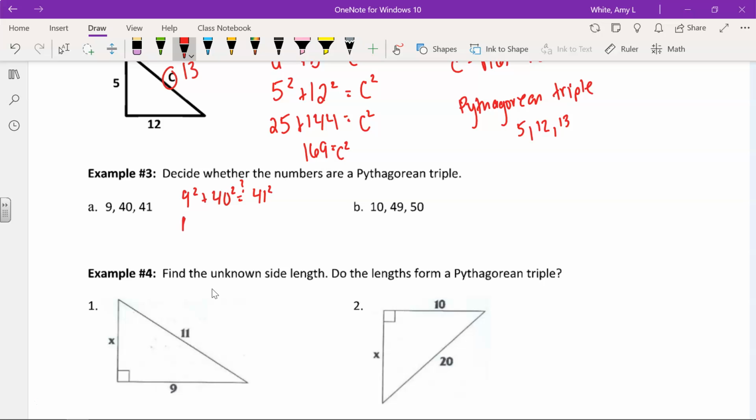So that would be 81 plus 1600, which would be 1681. And that might be equal to 41 squared. And I can use my calculator and get that 41 squared is in fact 1681. So in this case, then they are a Pythagorean triple.